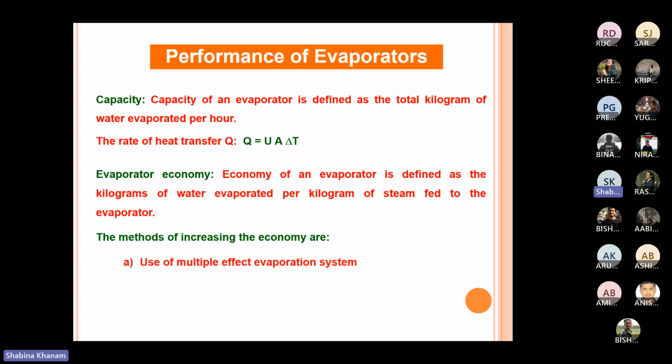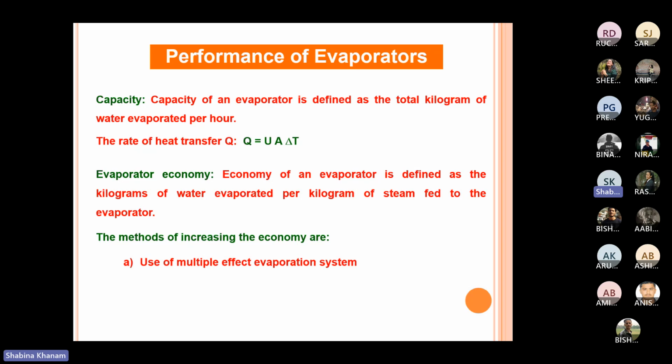If I'm using three different sets of evaporators, with three evaporators in one set, I hope you are getting my point. Three different evaporators, in each of which one effect is there, and if I combine all these, we have three effects in one set.